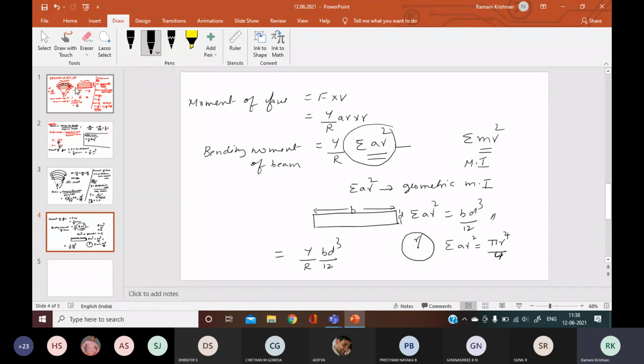Then I'll find the bending moment due to EF. Like that, if we sum up all the layers, we can find the total bending moment of the beam about the neutral axis. All the distances are measured with respect to the neutral axis.